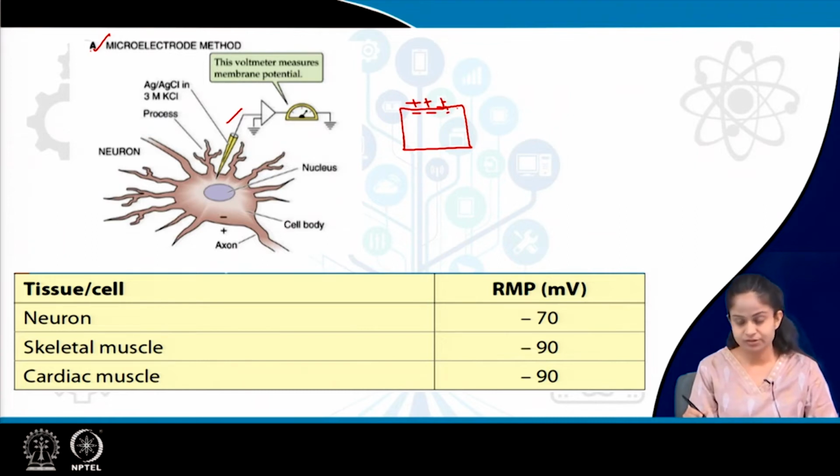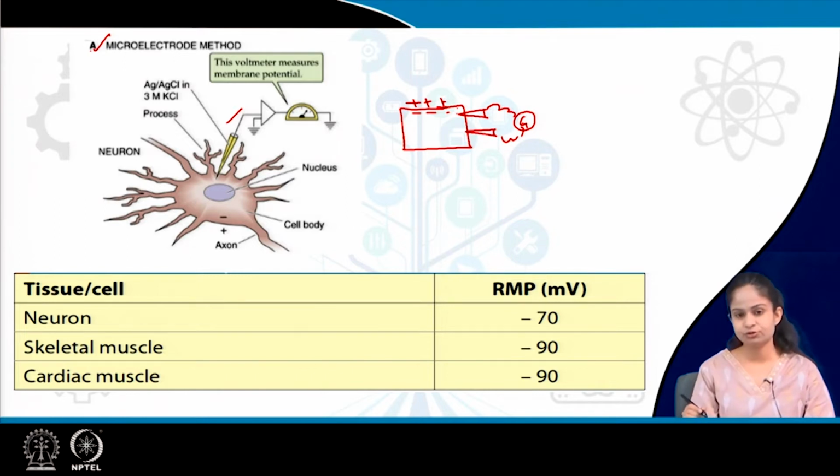So, the center is electroneutral. So, we have to put a micro electrode over here, and just beneath the membrane another micro electrode. So, 2 micro electrodes we have to put, and these micro electrodes will be connected to a galvanometer. That will give rise to the recording of your potential difference.